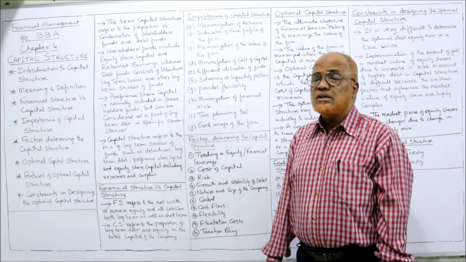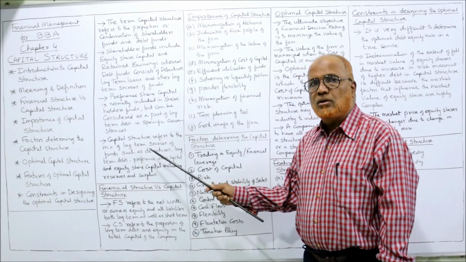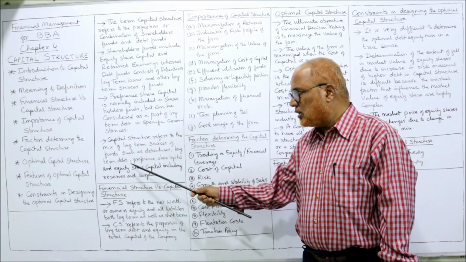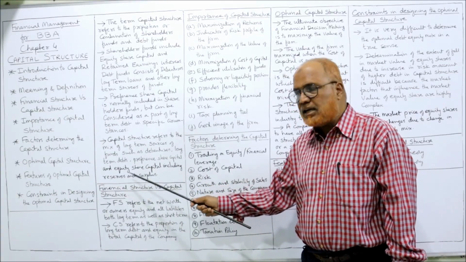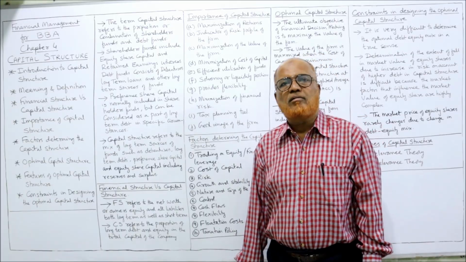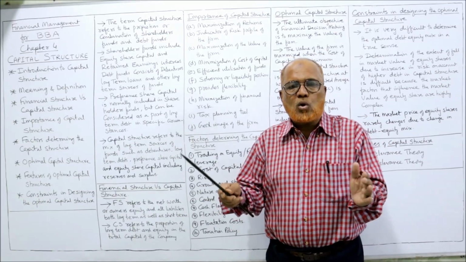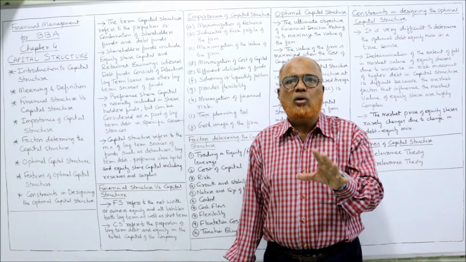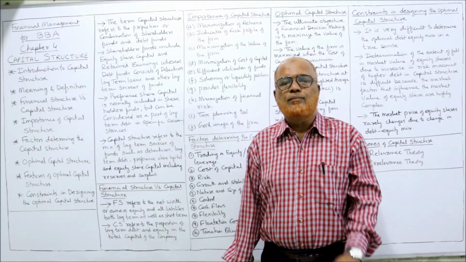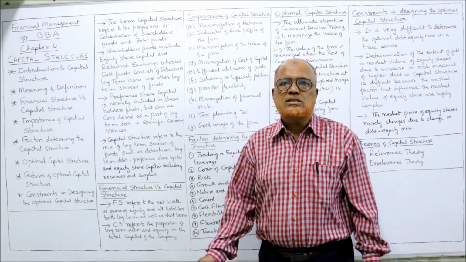Now, capital structure refers to the mix of long-term sources of funds such as debentures, long-term debts, preference share capital and equity share capital, including reserves and retained earnings. This mix of all long-term funds is called capital structure.